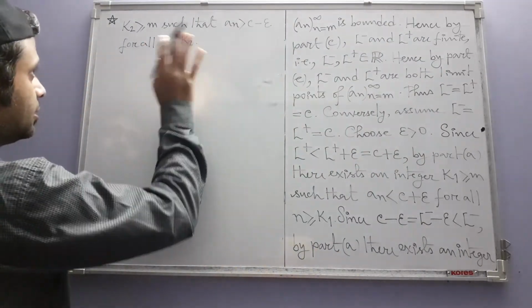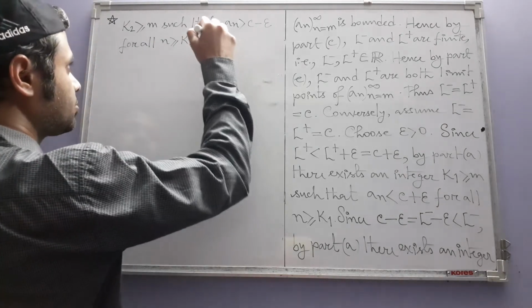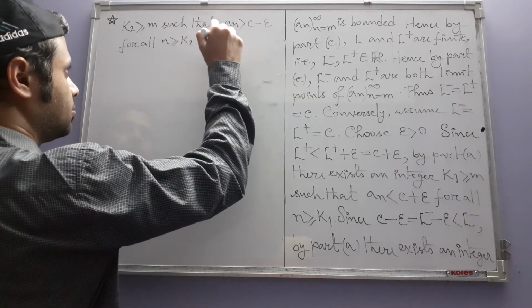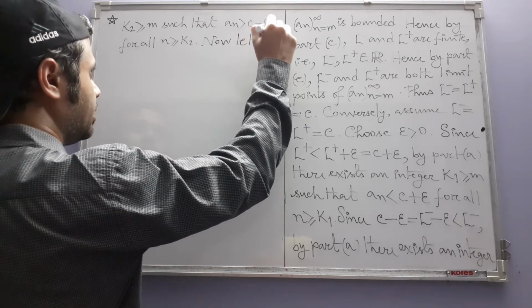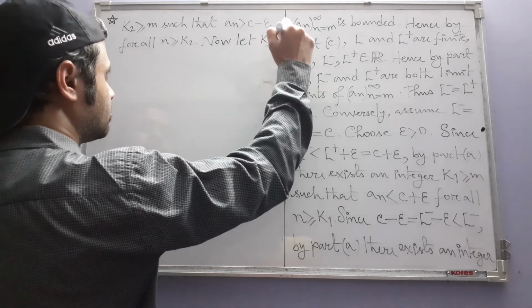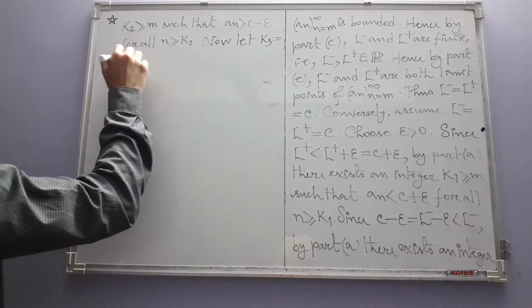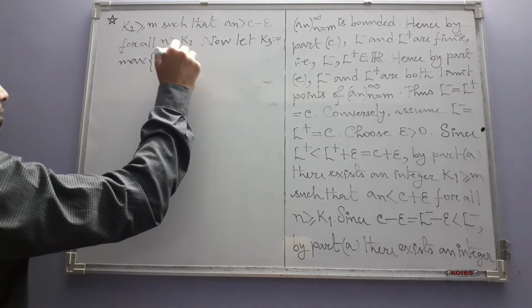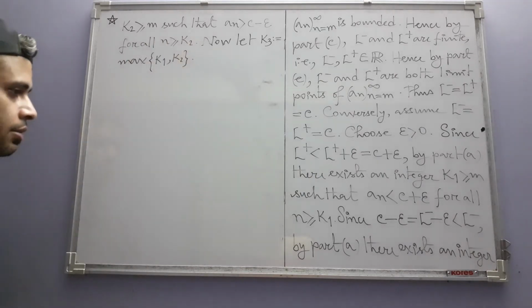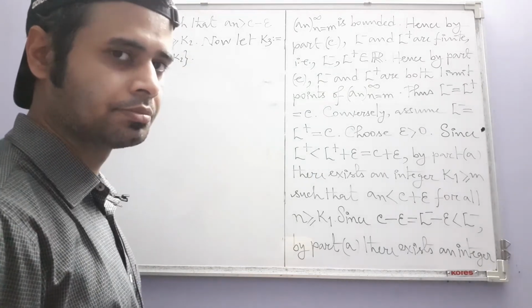So there exists an integer for which this happens. Now let k3 be the maximum of k1 and k2. At first these arguments will seem like impossible to come up with.